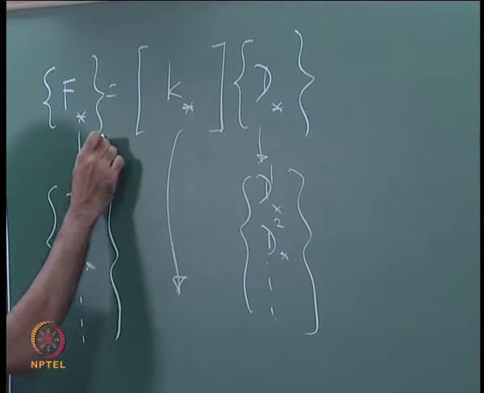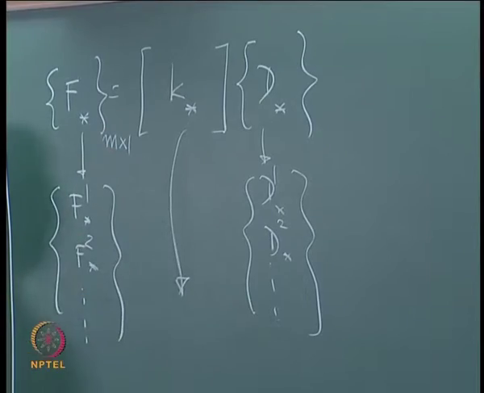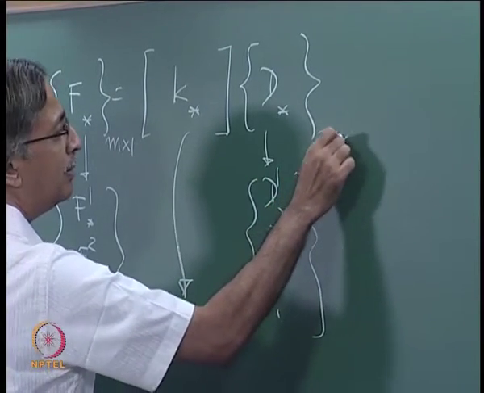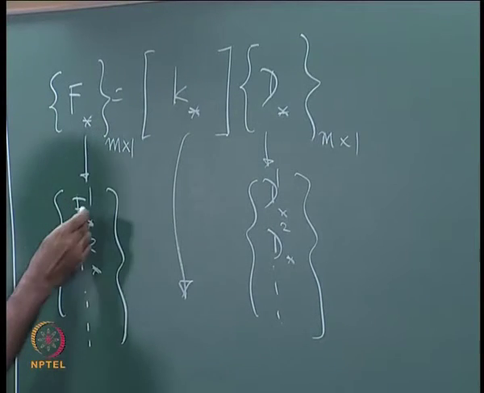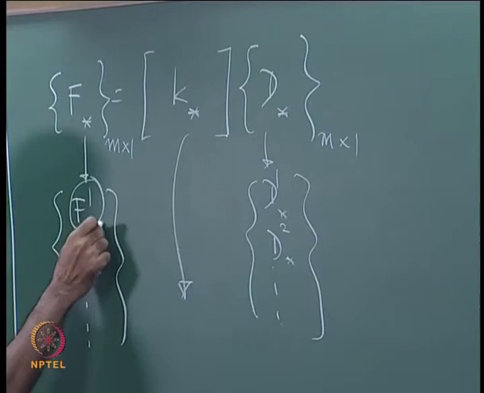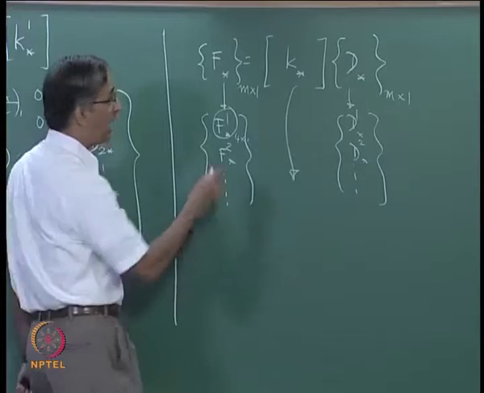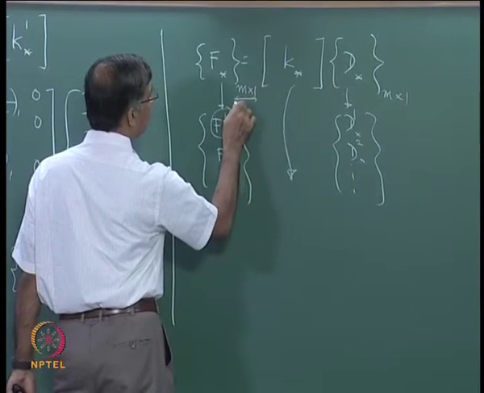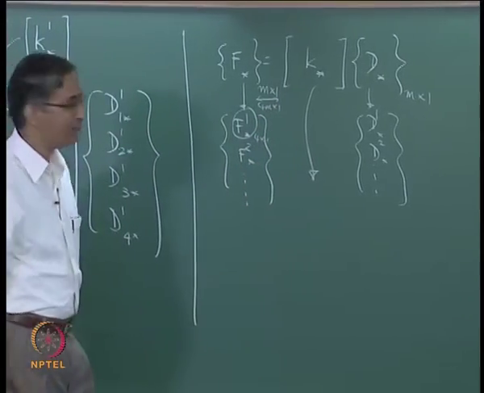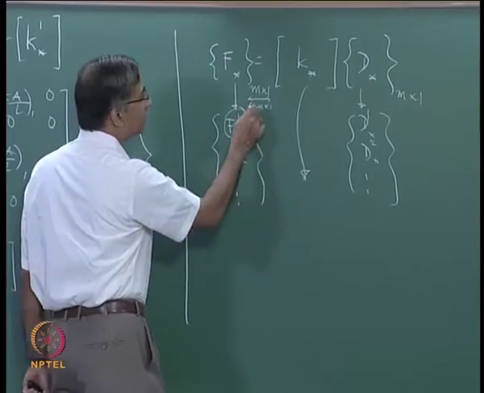Let us say this is dimension m by 1, m members, this will be m by 1, right, and each of them will be 4 by 1. So the actual size will be 4m by 1, right. But let's look at the sub matrices and not worry about this.